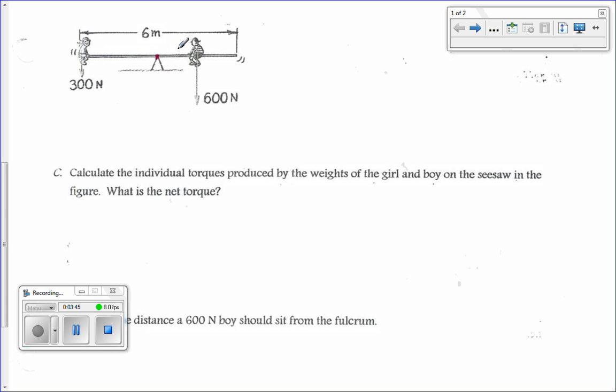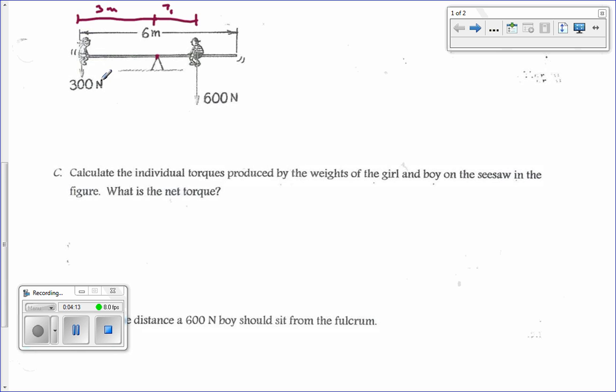So from that, we can assume that this girl is sitting how far on the seesaw? 3 meters. Yeah. All right. And we don't know how far out the boy is sitting. 3 meters, he has to be.